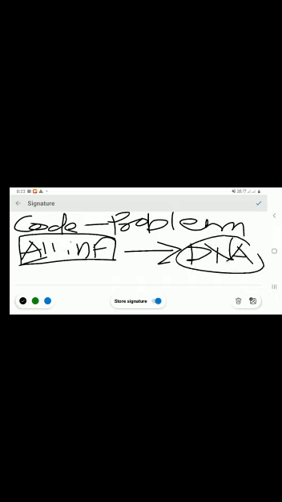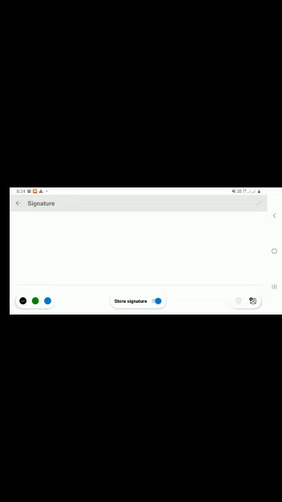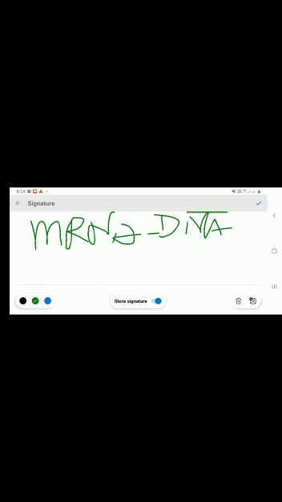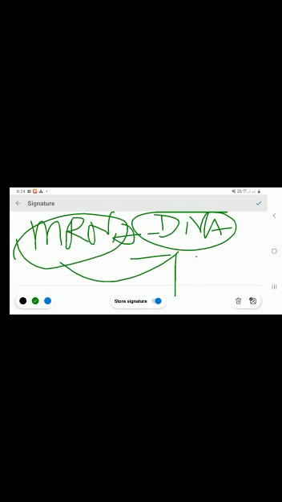Is it correct? Therefore the mRNA brings the coded message from DNA. Why? Because all the information of protein synthesis is stored in DNA. So DNA gives the coded message to mRNA, and the mRNA comes with that coded message to the cytoplasm.